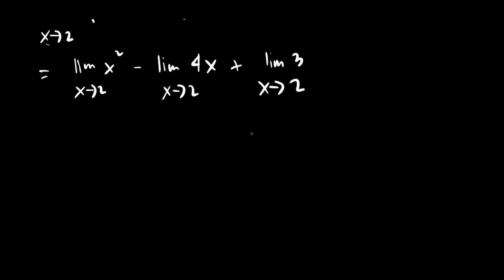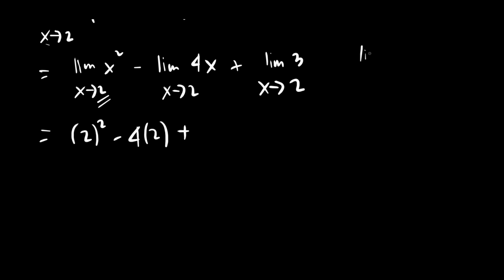So by direct substitution, because we can directly substitute the number 2. So 2 squared minus 4 multiplied by 2, plus limit of 3.